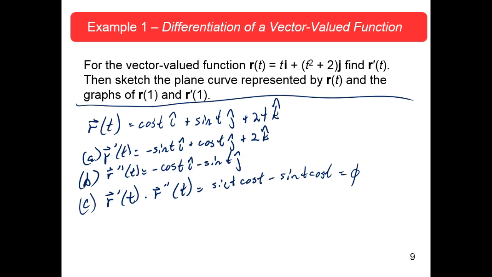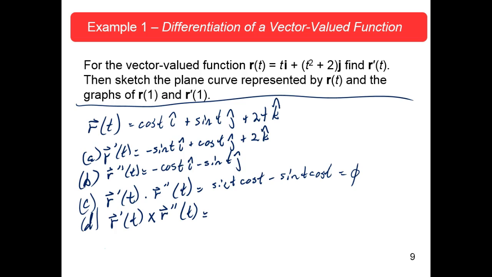I think so anyway. How about this one? D. D is r prime crossed r double prime. R prime of t cross product with r double prime of t. This is example 2 in the book.